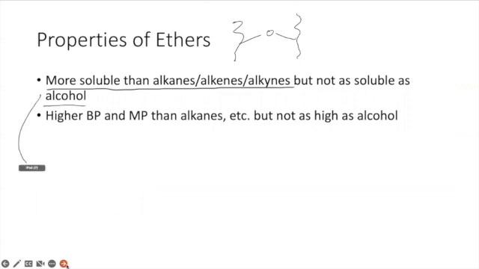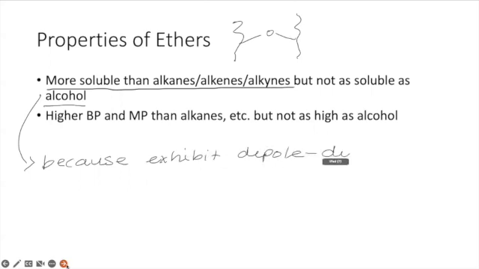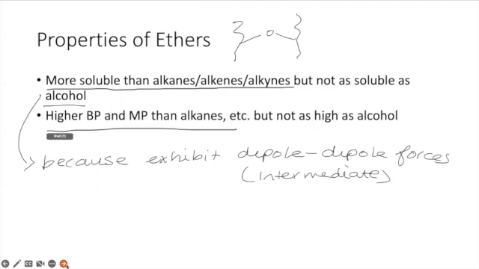And this is because they exhibit dipole-dipole forces, right, which was the intermediate. So this puts them at higher boiling points than alkenes and alkynes, and higher solubility than alkenes and alkynes, but not as high as an alcohol.